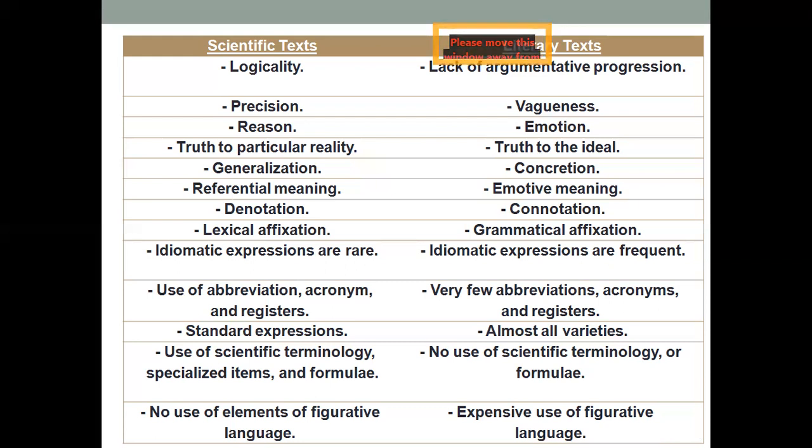Regarding idiomatic expressions, they are very rare in scientific texts, while in literary texts it is impossible not to find any idiomatic expression. In every text, you can find several idiomatic expressions. Scientific text also deals with acronyms, abbreviations, registers, and so on, while literary texts do not use abbreviations or acronyms.